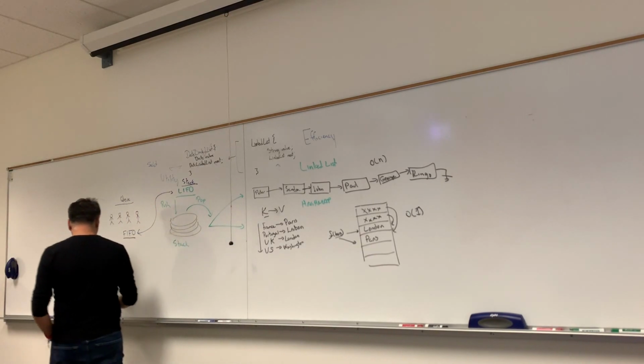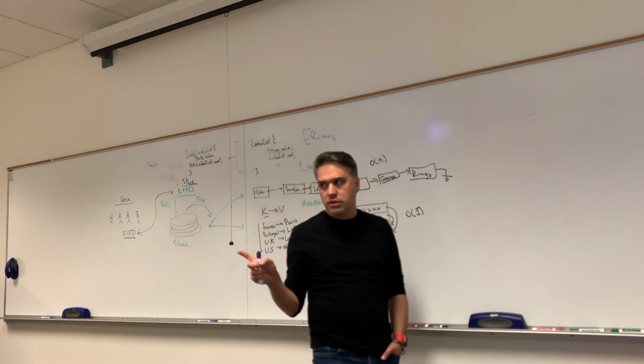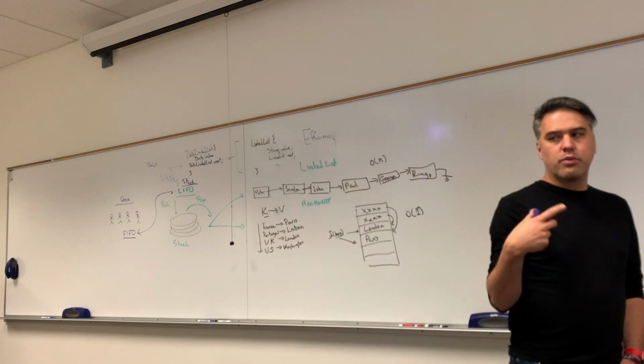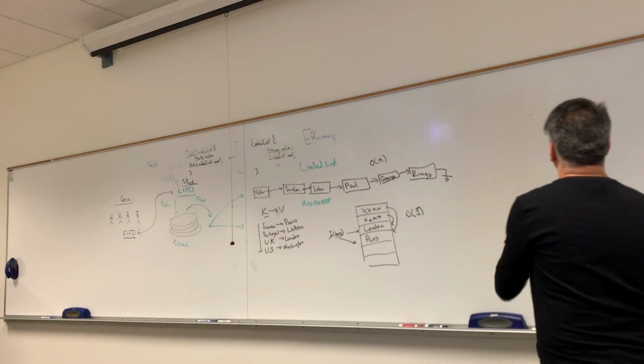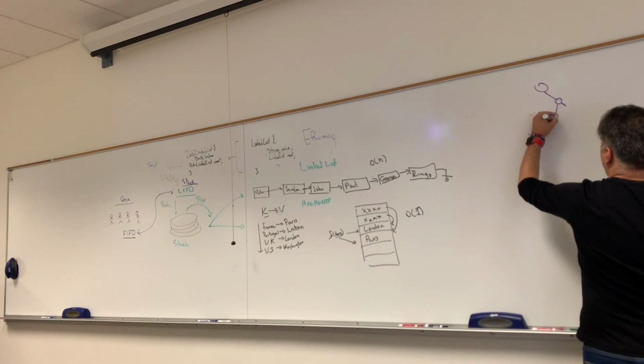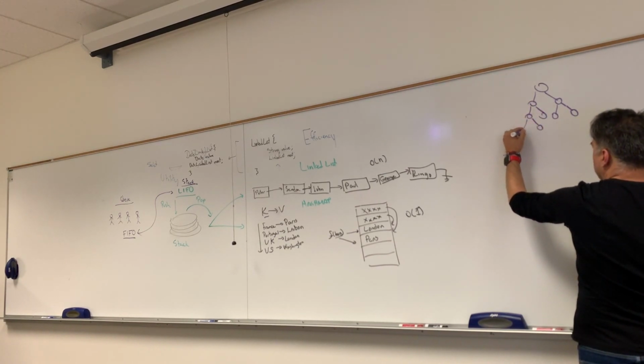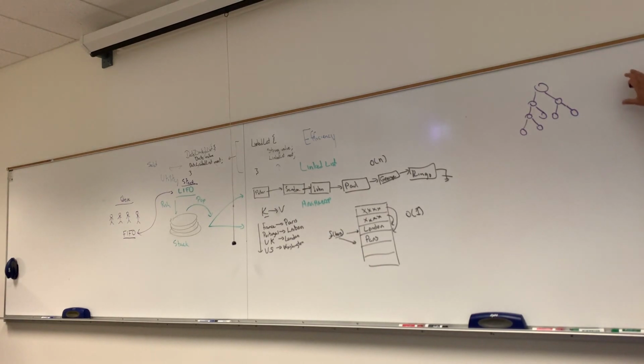There's another data structure that we've kind of talked about, but we never formalized it. There's been a point in our class where I've drawn something like this, and it was with what?